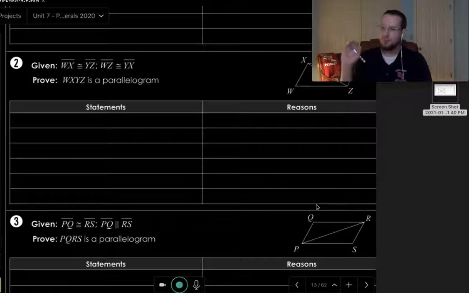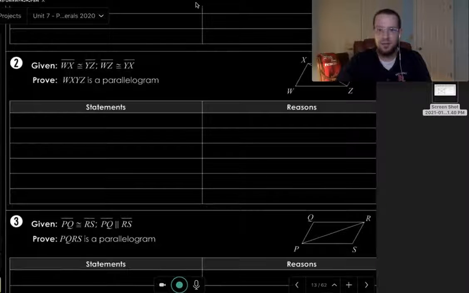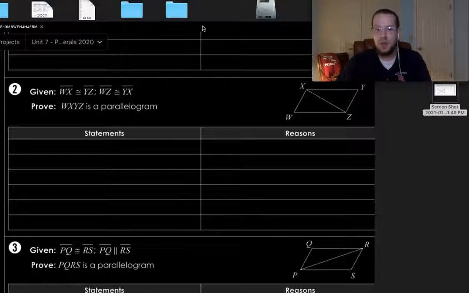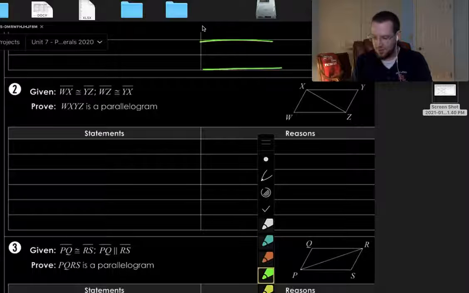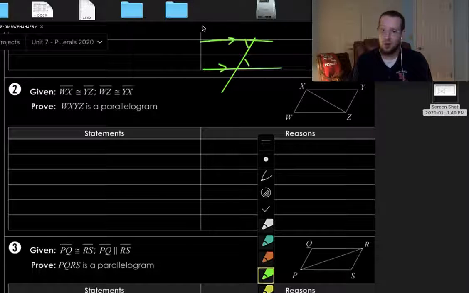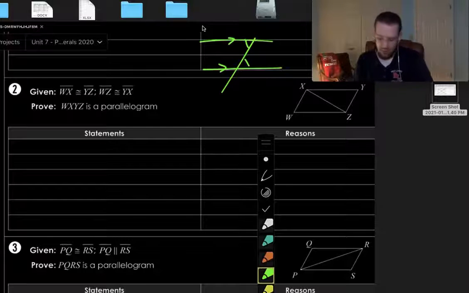Numero dos. One thing that I believe we need to keep in mind is we have seen typically that we're told that these 2 lines are parallel, and from that information we can conclude that, let's say, these 2 angles, for instance, are congruent.